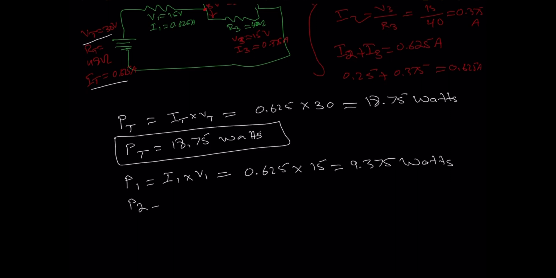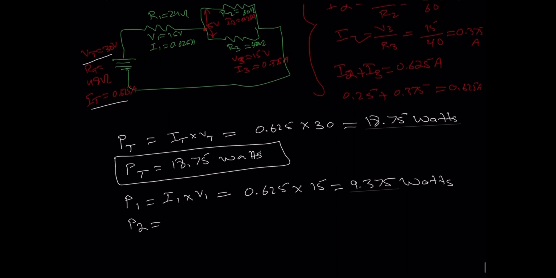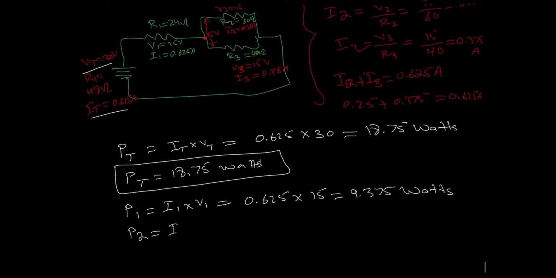P2 will give me I2 times V2. V2 is 15. So I2 is 0.25 times 15 will give me 3.75. So P2 will be 3.75 watts.